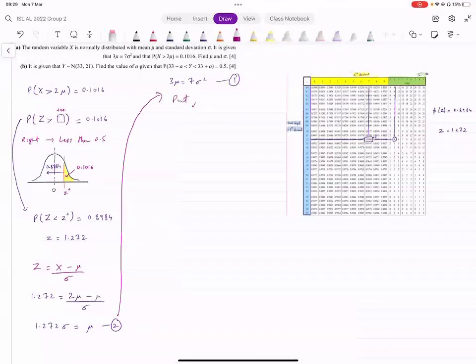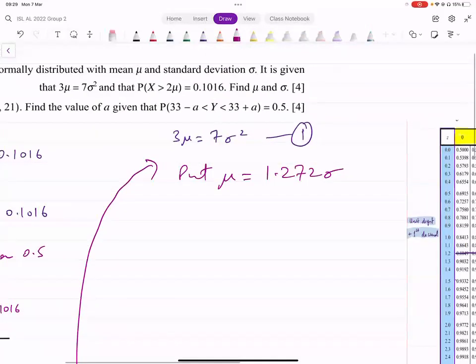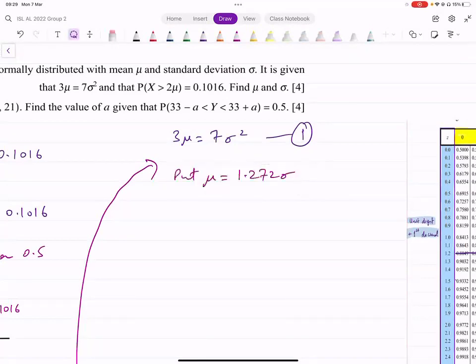We are inputting mu equals 1.272 sigma. वो जाके उसके अंदर input कर देना है. ठीक है? Okay. Let's input that value. 3 into 1.272 sigma. That equals 7 sigma square.